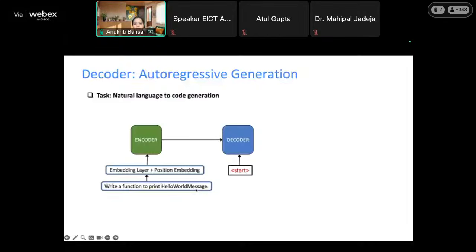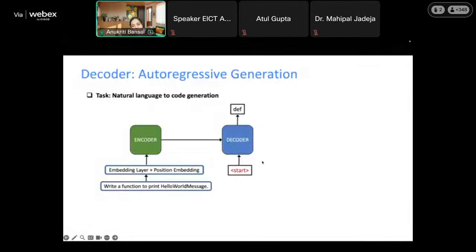In the decoder, we start with some dummy token, maybe the start token, and it takes the output of the encoder. The start token tells the decoder to begin, and it generates the first output, that is "def". Now this "def" will be passed to the next decoder layer.